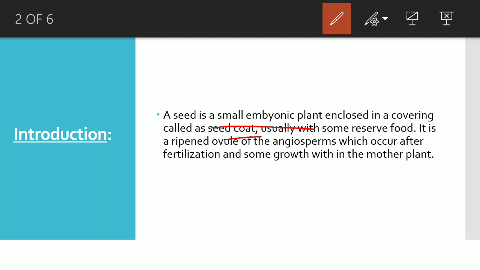It is a ripened ovule of the angiosperm which occurs after fertilization and some growth within the mother plant, or it can be described as a fertilized ovule.